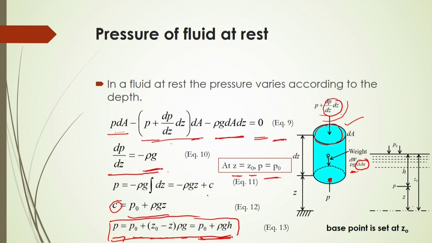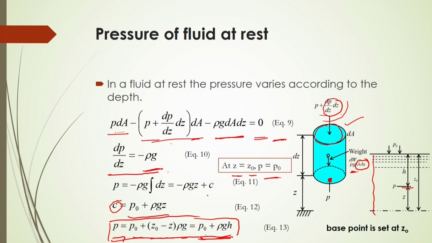By this equation we will be able to find the pressure at a certain depth of the column. Suppose this is a pond, and at a certain depth H we want the pressure. Simply by equation number 13 you can calculate it, where P0 is equal to atmospheric pressure.